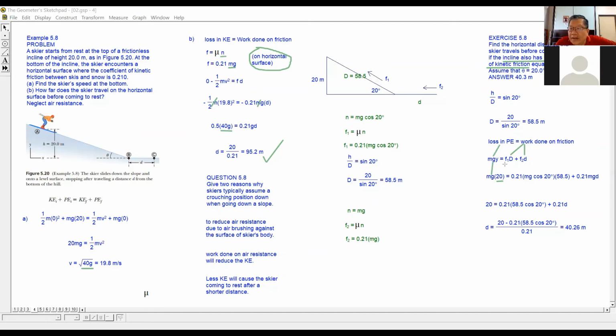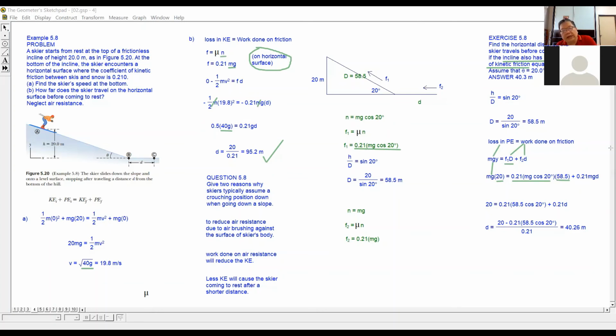Along the inclined plane, the frictional force we calculated earlier is 0.21 mg cos theta, and the distance along the inclined plane is 58.5.